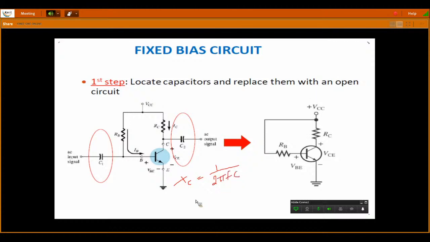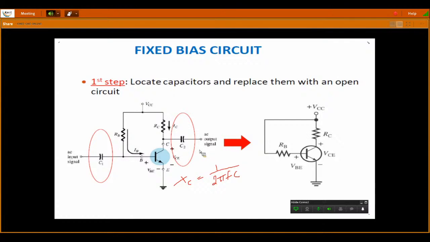Hence, that infinite reactance can be replaced with an open circuit. Hence we have open circuited your C1 and C2. Now, in order to use your transistor as an amplifier, we have to couple C1 and C2.